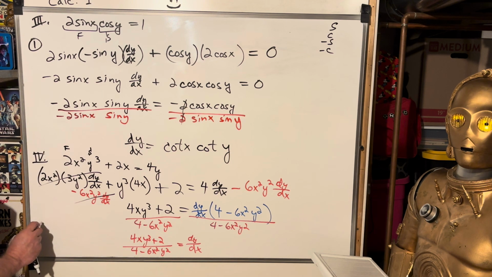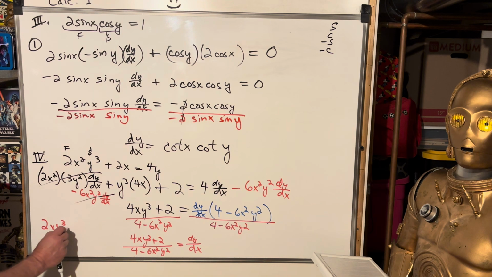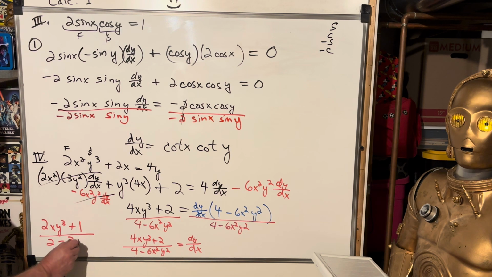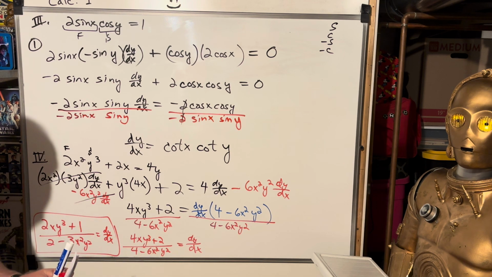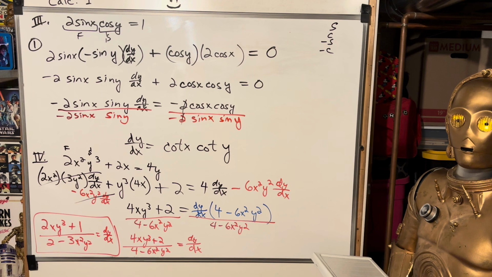So my final answer is 2xy cubed plus 1 over 2 minus 3x squared y squared. All right. Nothing but fun here.